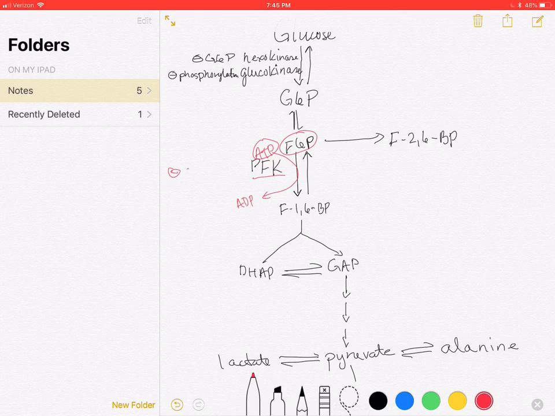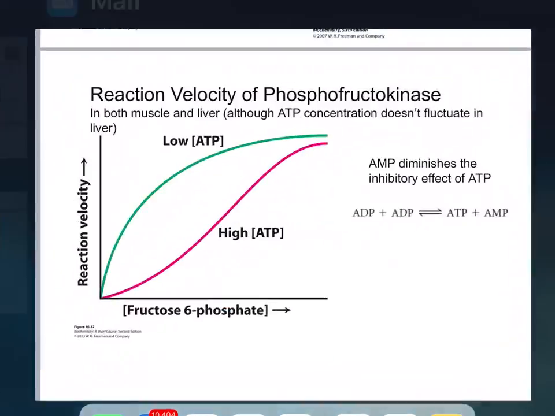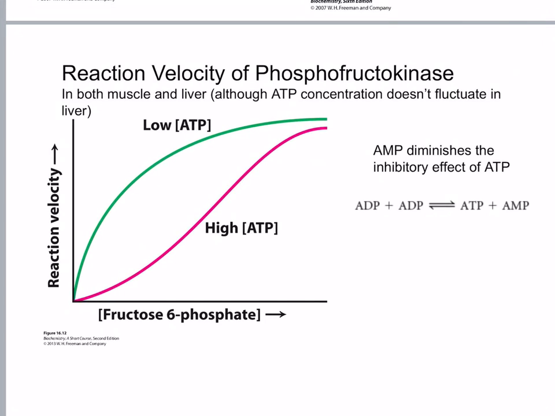ATP also inhibits phosphofructokinase. So it's both an inhibitor binding to the regulatory site and a substrate binding to the catalytic site. So let's go back to the PowerPoint.